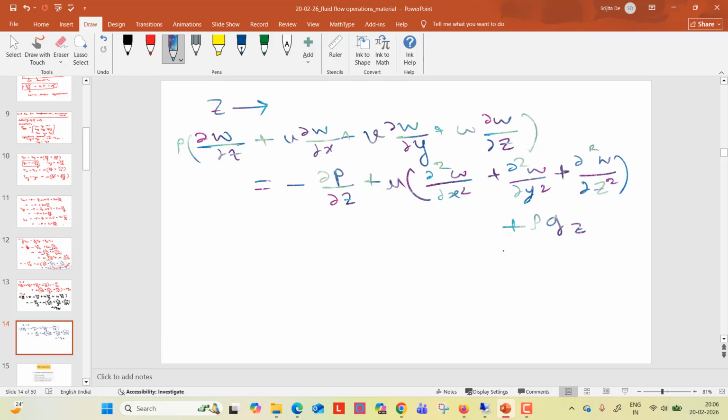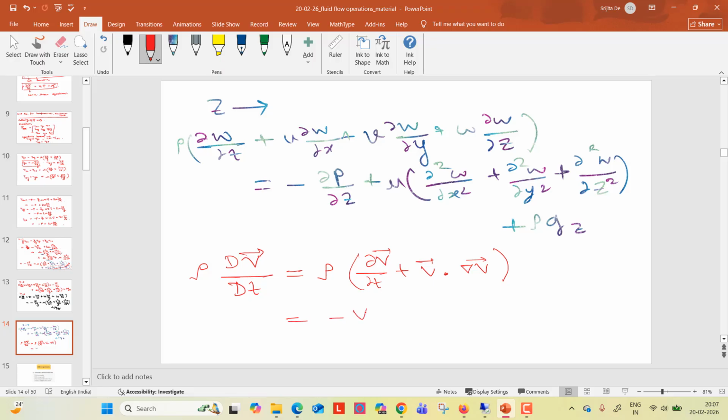We have already written it like this: rho capital Dv Dt, which equals rho into del v del t plus v dot grad v, equals minus grad of p plus mu del square of v plus rho g, right?